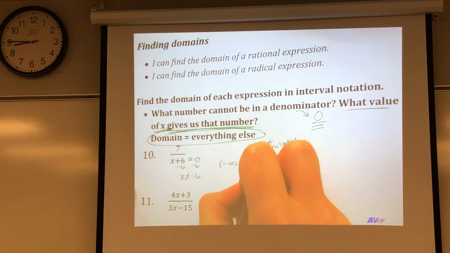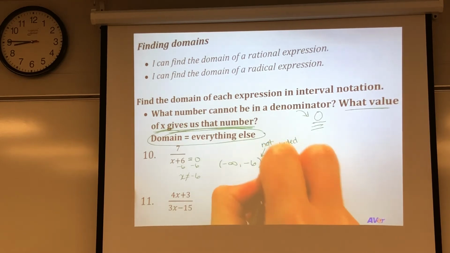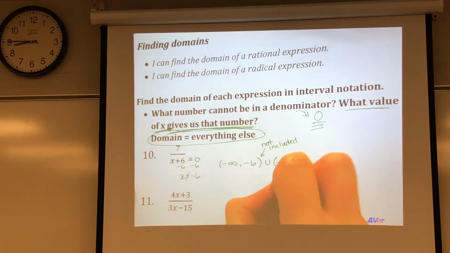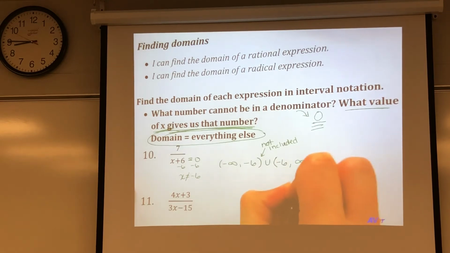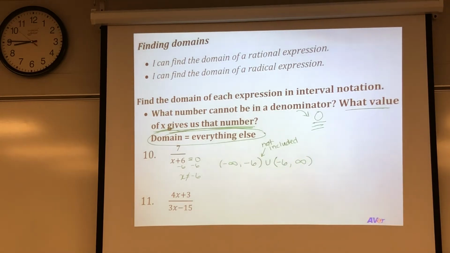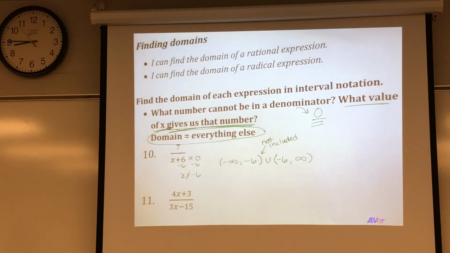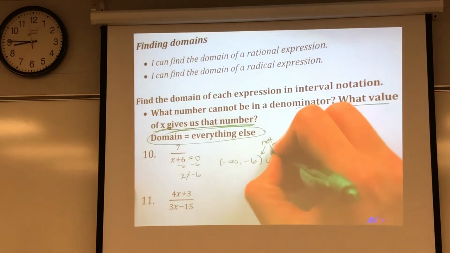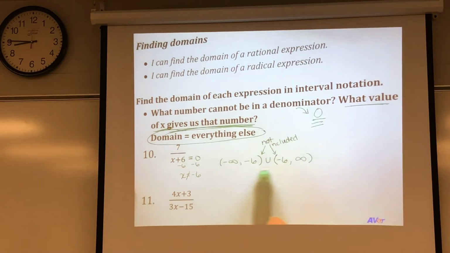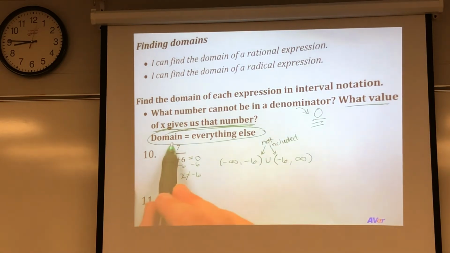Then we put a union, and we start at -6 and go all the way to positive infinity. So -infinity to -6, parenthesis, -6 to infinity. And that is the interval notation for the domain for that rational expression right there.